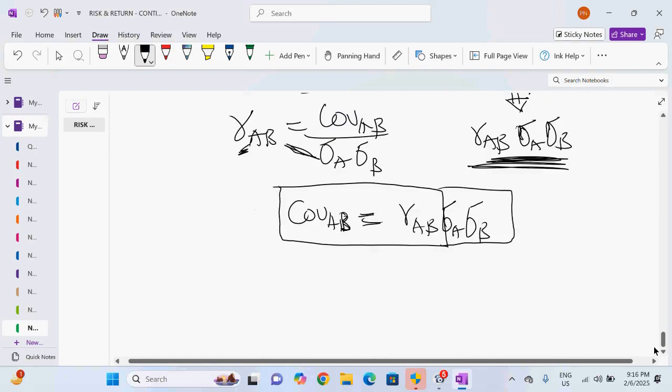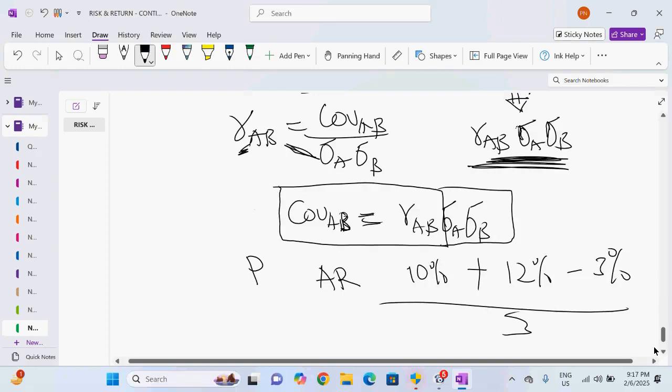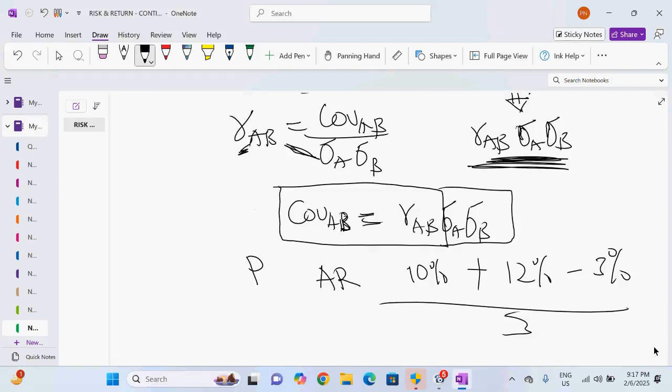If there is no probability, it means historical. So that one is average return. You add the returns and divide by the number. 10% plus 12% minus 3% divided by 3. So you just add the 3 and divide by 3.